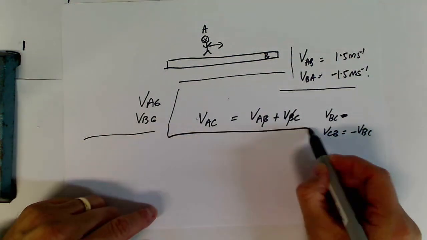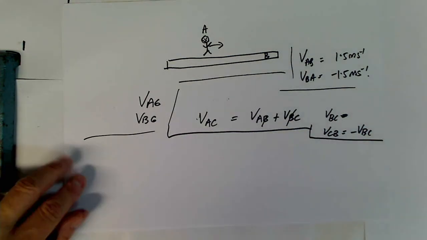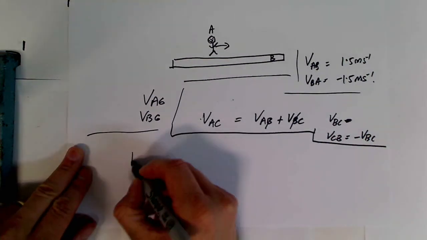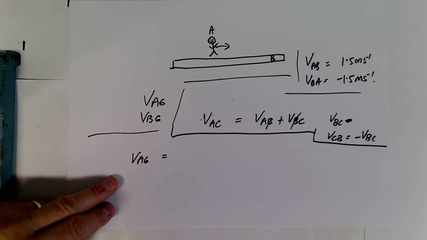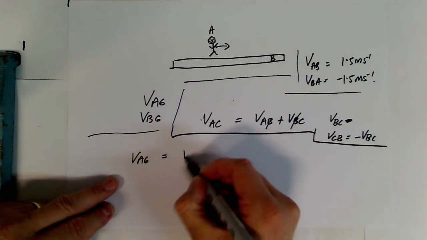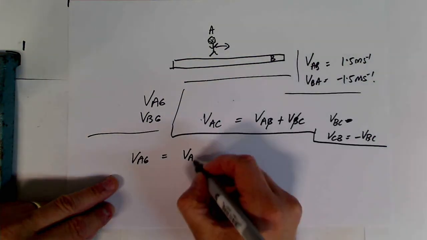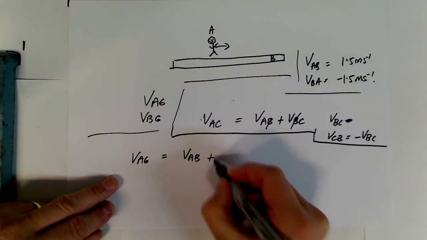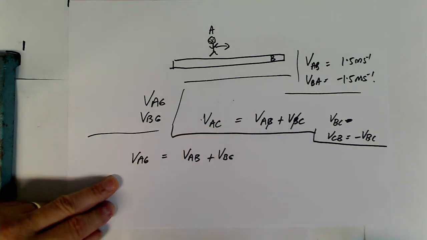Based on that, we can write our vector equations for figuring out stuff like this. If I wanted VAG, I'm just making this up as I go along, then I'm definitely going to want VA relative to something, and in our case all we've got is A and B. So I write that as VAB, and I definitely want the B's to cancel out, so I'm going to want VBG.